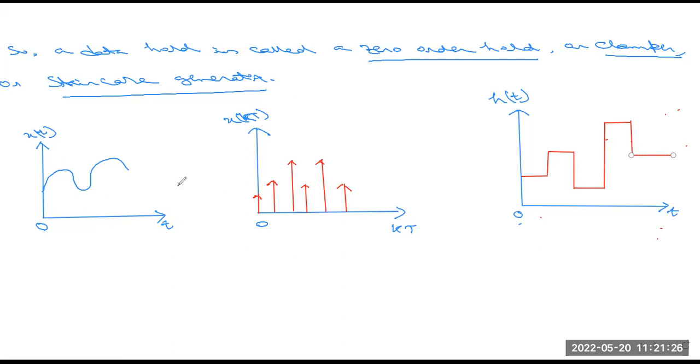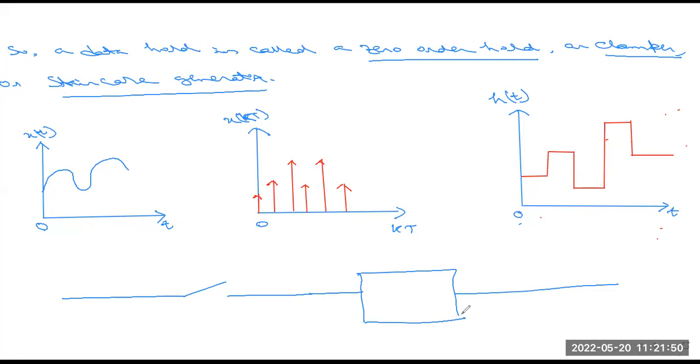So what is basically the circuit diagram of the sampler and zero order hold? I have written here. First input, one on off button, and then another block, that is the zero order hold, then finally the output from here.